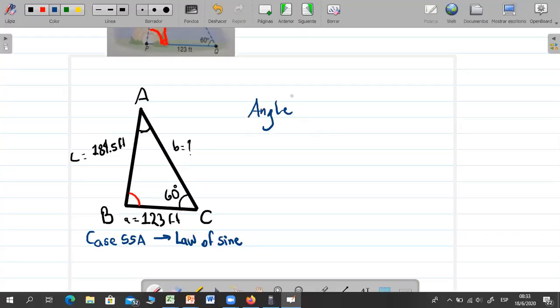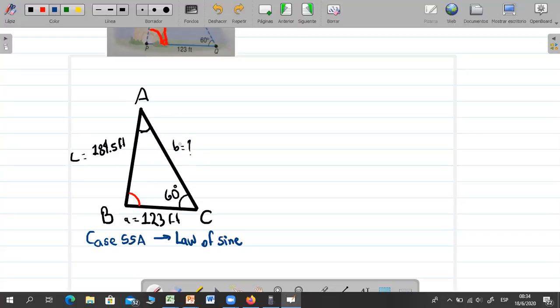What can we get right now? Angle B, side B, or angle A, because the other information we already know. We know the side C, we know the angle C. Essentially, this is what we're going to use to conclude the other missing information. What's the missing information again? The angle A, the angle B, that's the one we need, and the side B too.